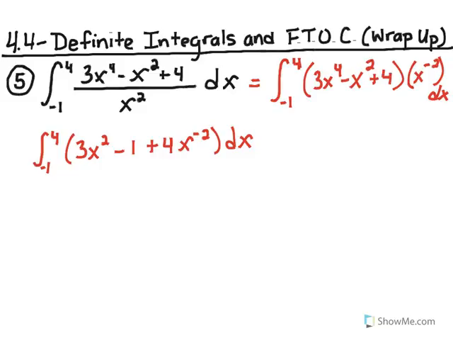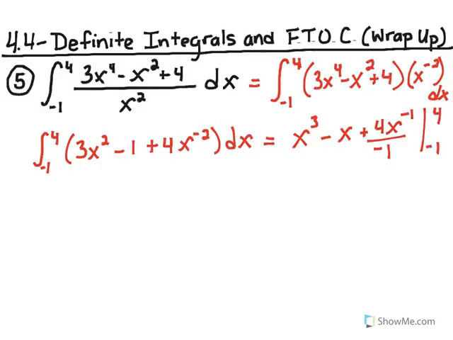So now we're going to find the antiderivative using the power rule. The antiderivative of 3x squared is 3x cubed over 3, or just plain old x cubed. The antiderivative of -1 is -x. And then the last one I have plus 4x to the -1 divided by -1, and we're evaluating from -1 to 4.